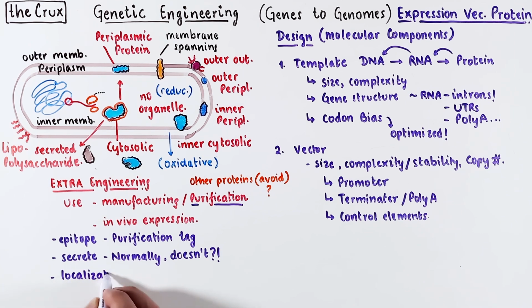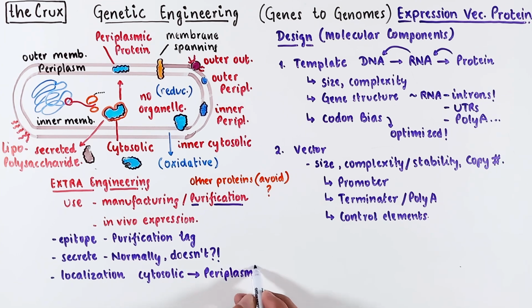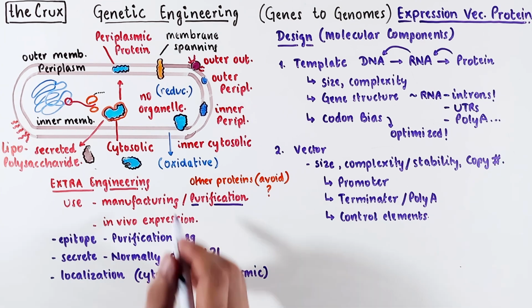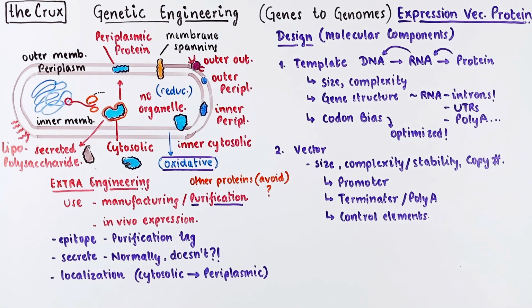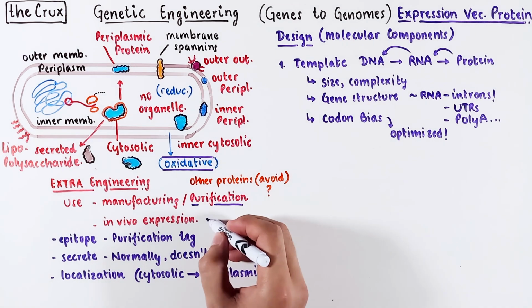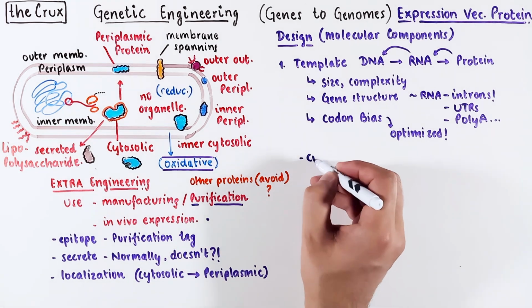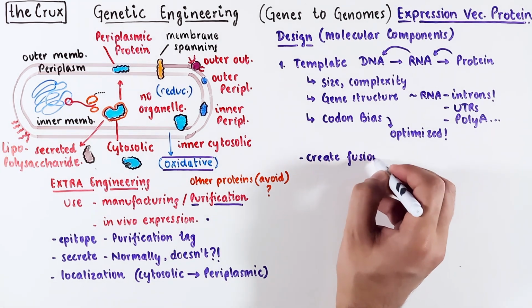If you want to change the localization of a protein, say you're heterologously expressing a protein with disulfide bonds in bacteria, in that case, you have to shunt the protein to periplasmic space so it can get oxidized and form disulfide bonds. Other times, especially for in vivo expression, you may have to create fusion proteins.